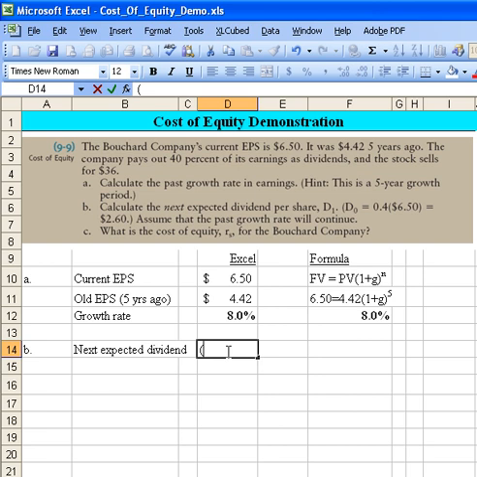Let's calculate that, 40% times that 6.50. Let me do this the right way. The F2 key, we can go chase it down.